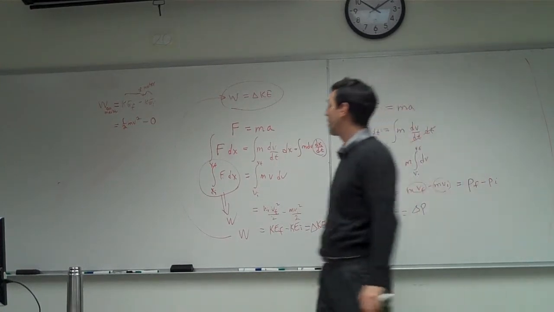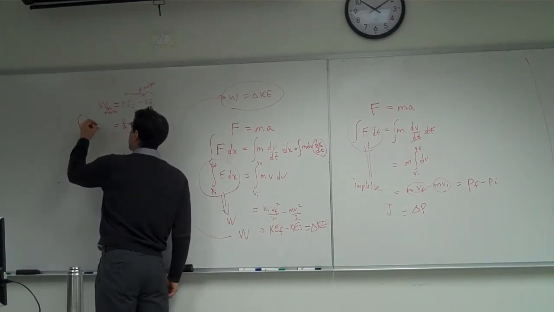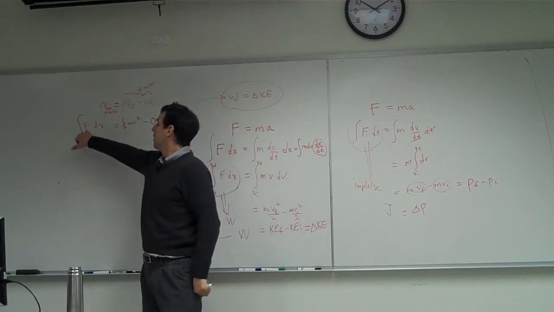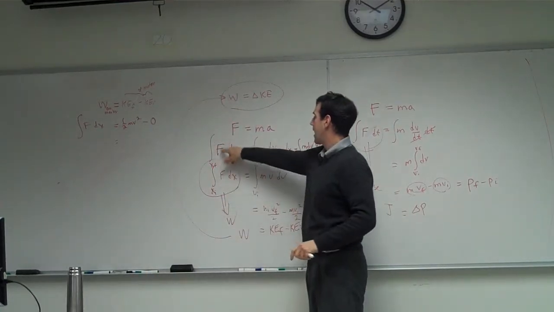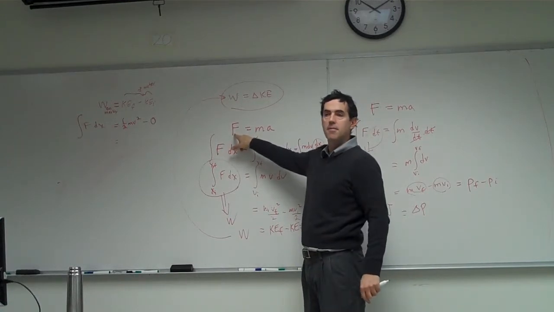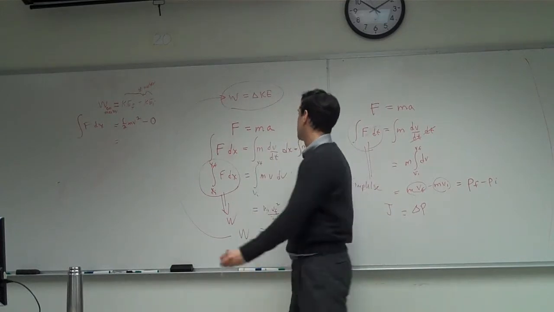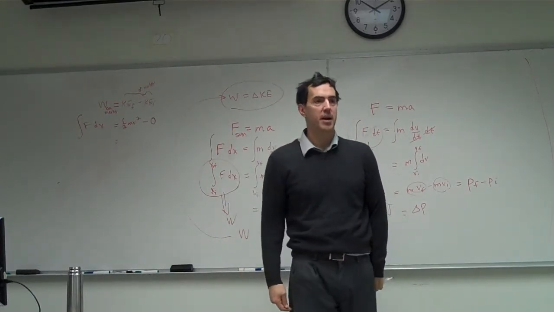What is the work done on the marker? Well, I need to go back to the integral of f dx. This f right here came from that f, that f, that f. When I write f equals ma, what I really mean is sum of all the forces equals ma.